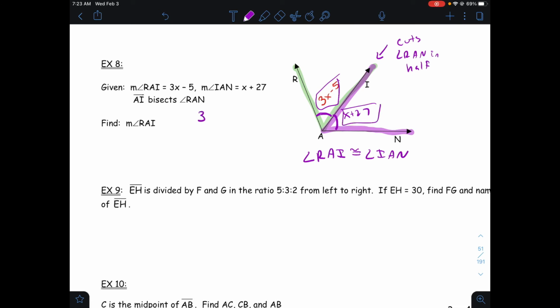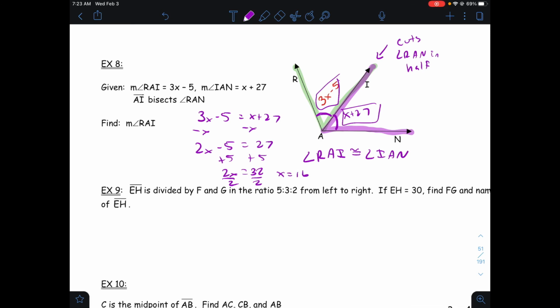All right, so we'll say 3x minus 5 equals x plus 27. So we'll do minus x, we get 2x minus 5 equals 27, plus 5, we get 32 equals 2x. We get x equals 16.